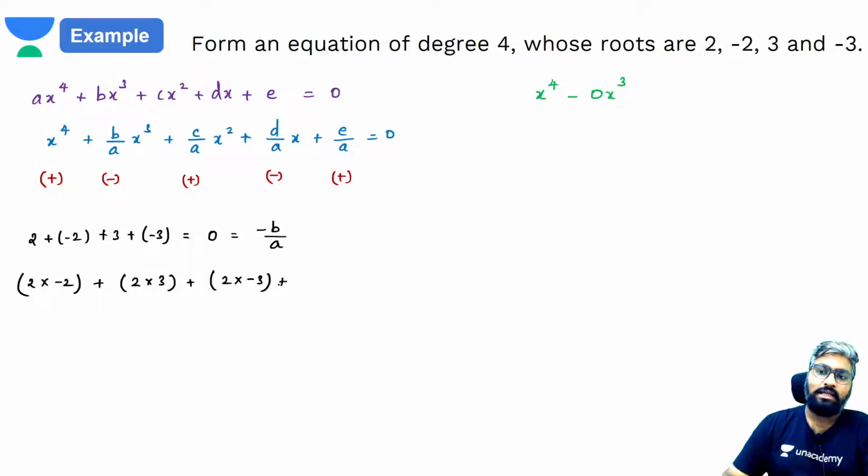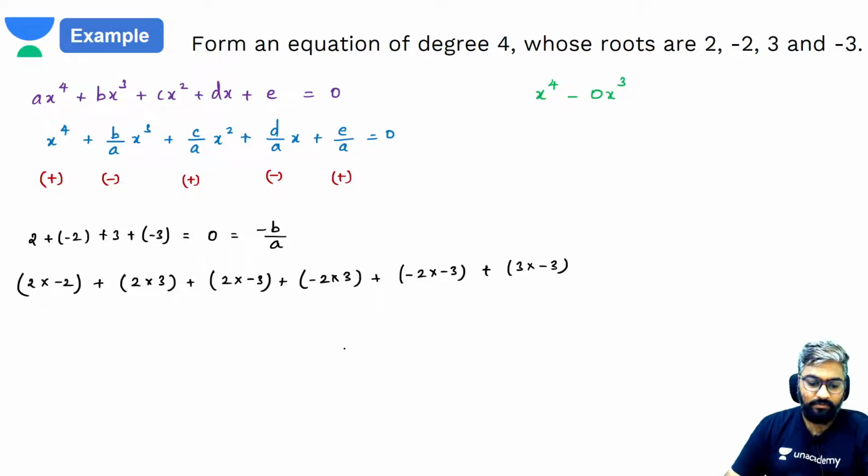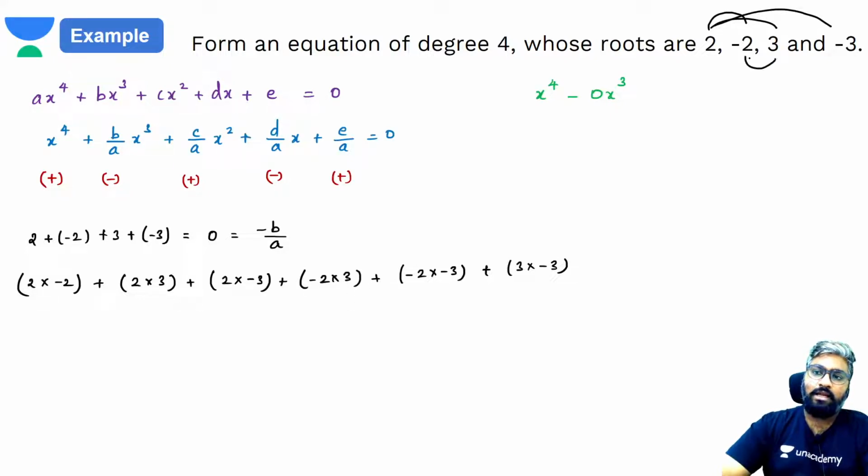Then what are the other terms left? Minus 2 into 3 plus minus 2 into minus 3 plus 3 into minus 3. Correct? We're taking them together: 1, 2, 3, then 1, 2, then 1.